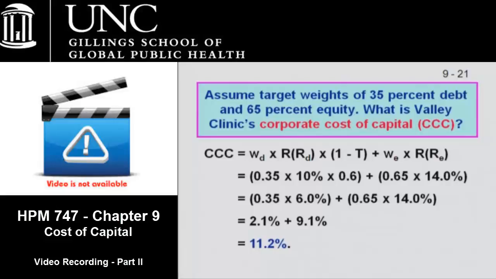It means that each dollar of new capital will consist of 35 cents of debt at an after-tax cost of 6%, and 65 cents of equity at a cost of 14%. So we can now use that as our benchmark rate.